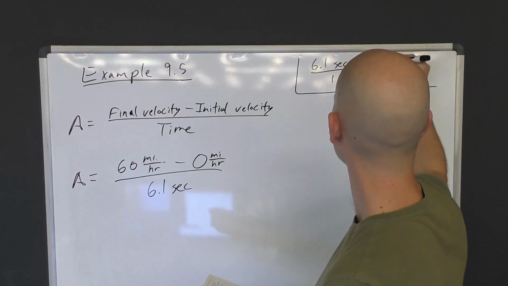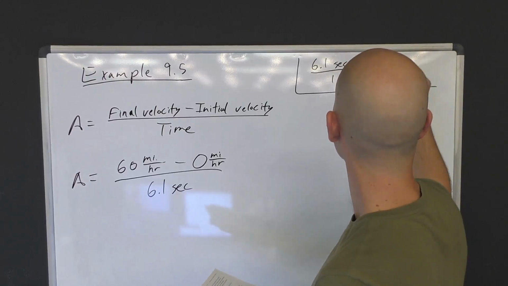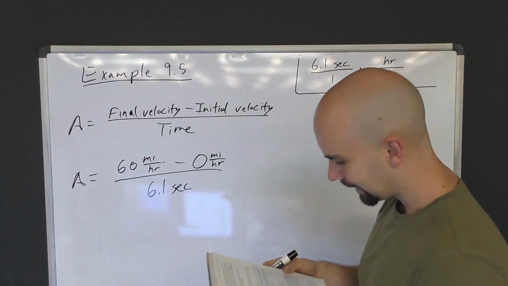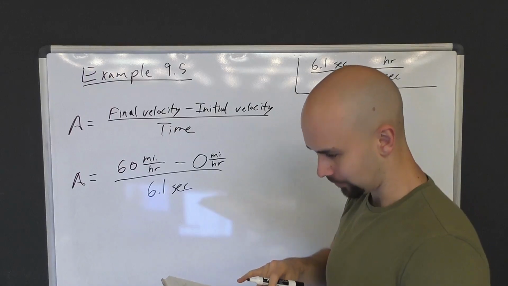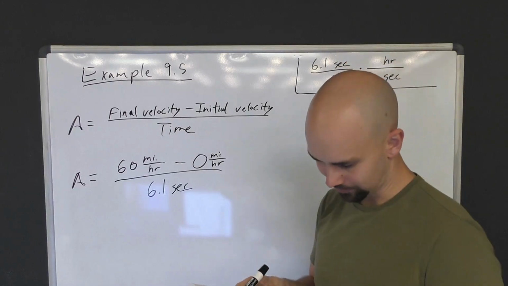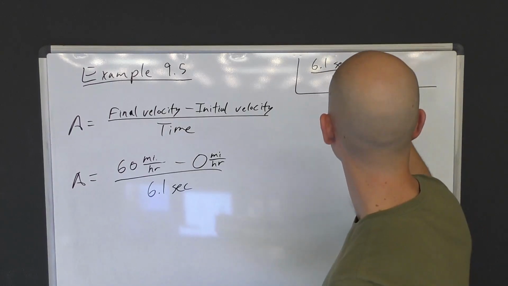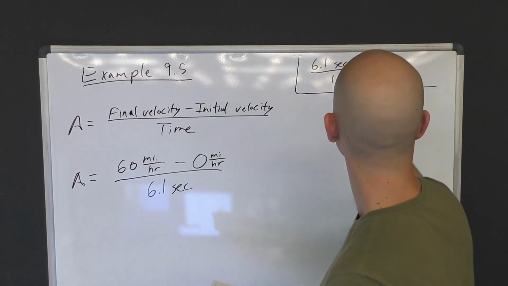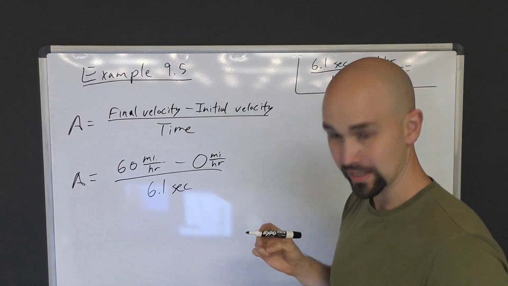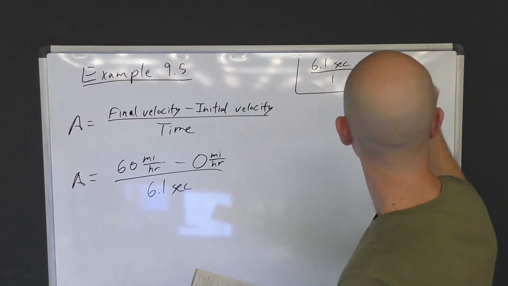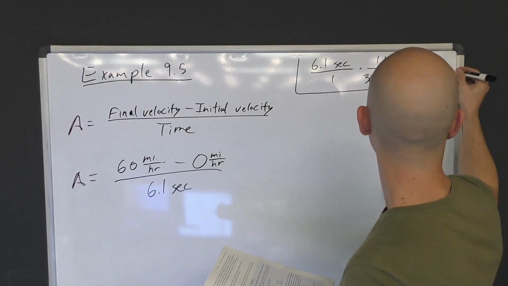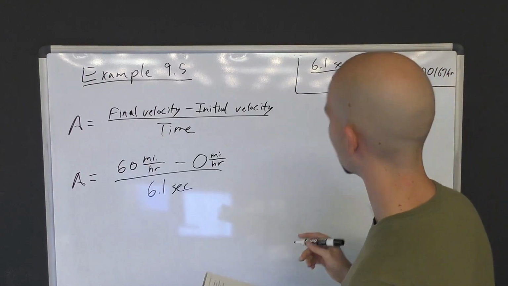So we want hours in the top, and we want seconds in the bottom, so it'll cancel. All right? And in order to do that, we need to use the conversion 3,600 seconds per hour. And so that gives us, instead of 6.1 seconds, we get 0.00169 hours. Weird numbers going on.